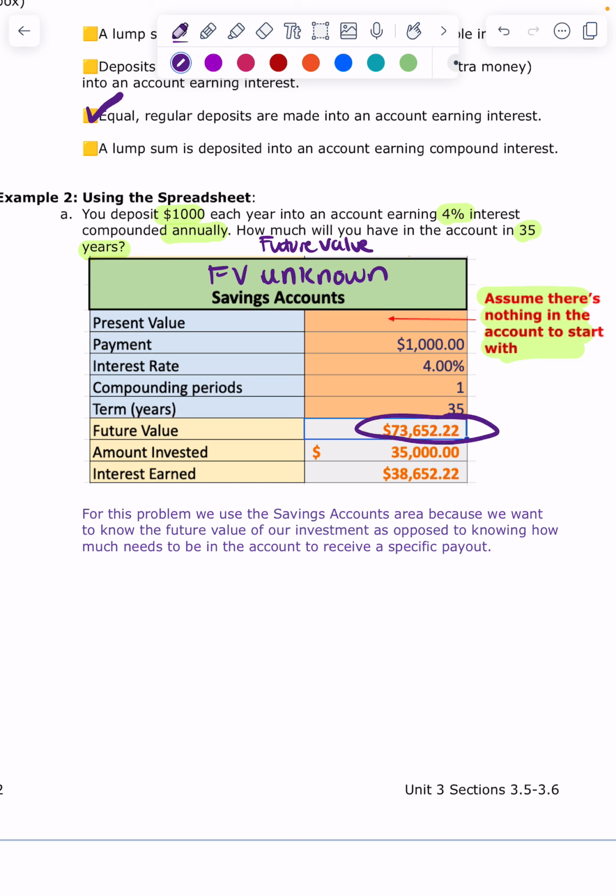So that's this value right here, $73,652.22. So in 35 years, I will have $73,652.22.